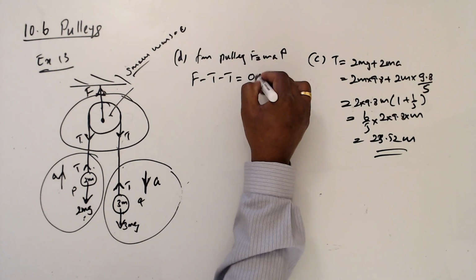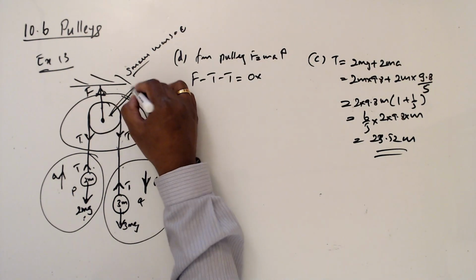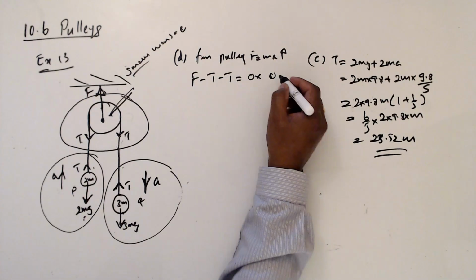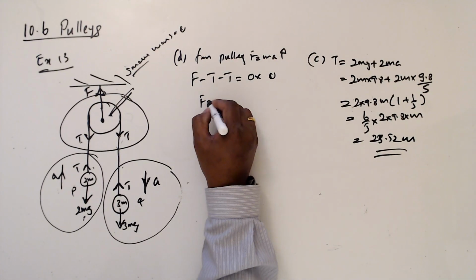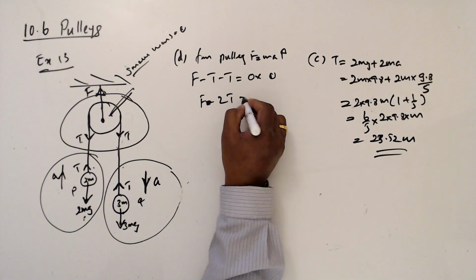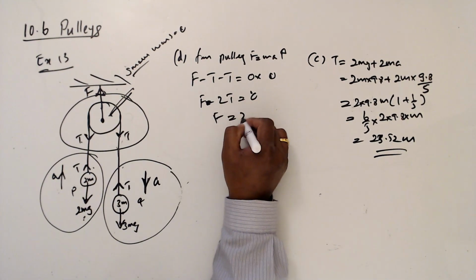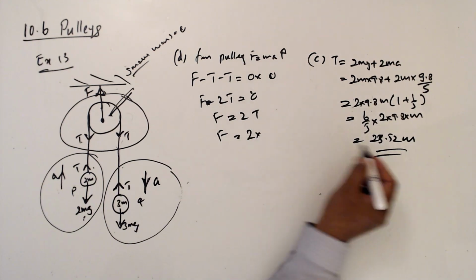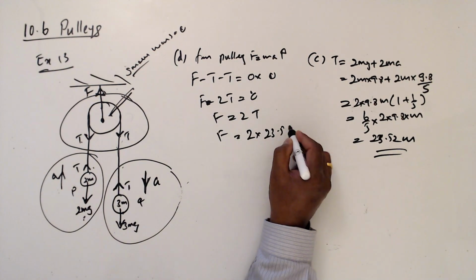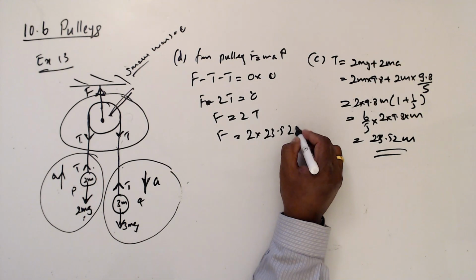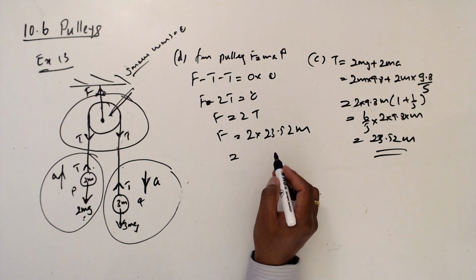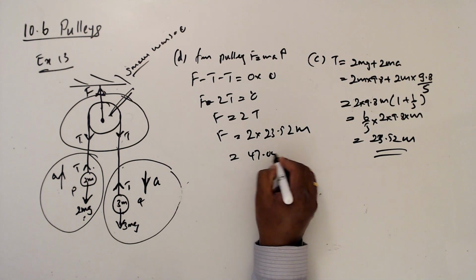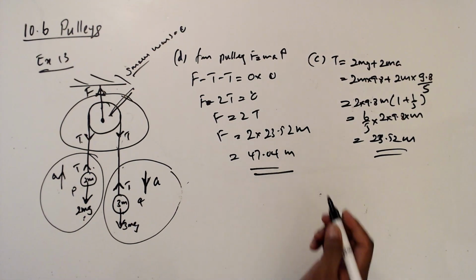So this is 0 and it's not moving as well, so acceleration is also 0. So F minus 2T equals 0. F equals 2T. So F equals 2 times 23.52 m. So this is going to be 47.04 m.